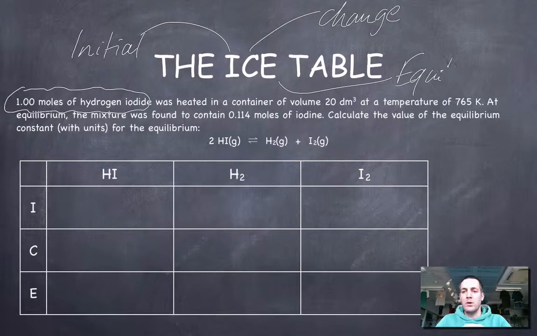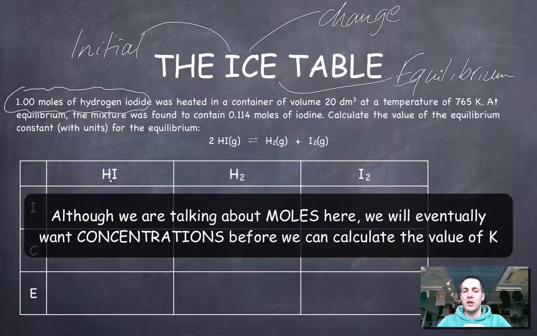And so what we're going to do with our ice table is see if we can figure out what the initial concentrations were, how much they changed by, and what their values were at equilibrium. So let's start off by thinking about how many moles of HI there were at the start. Well, there was 1 mole.